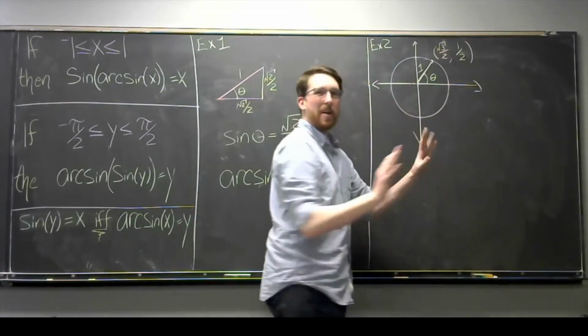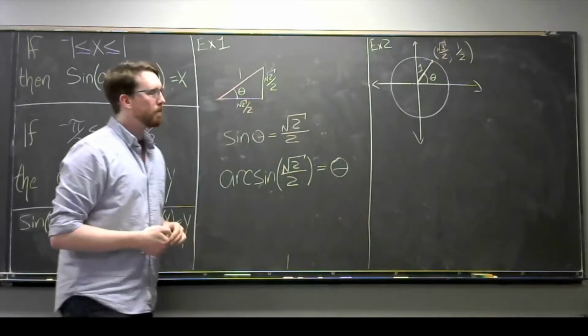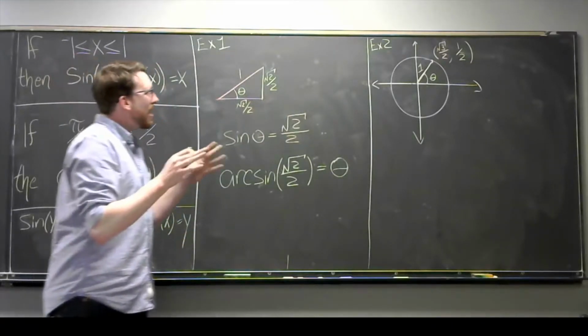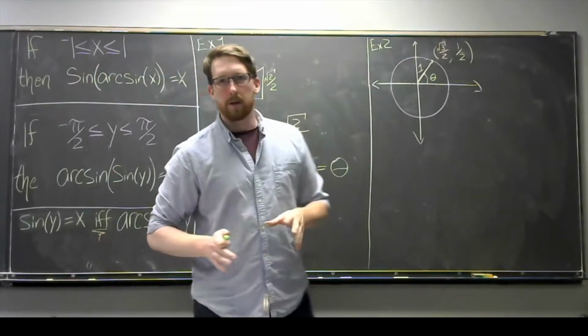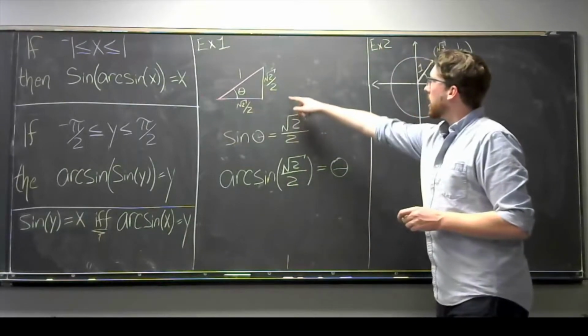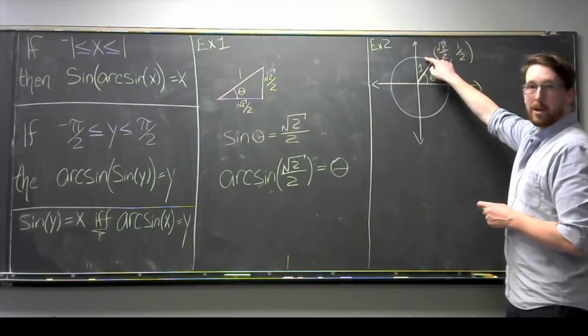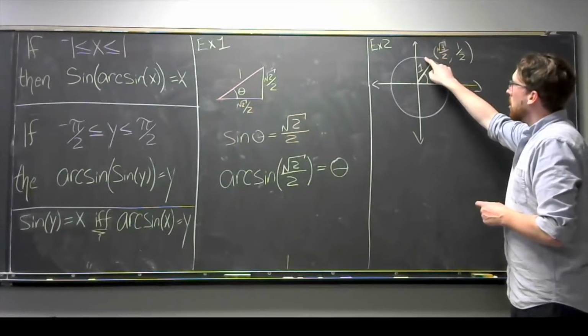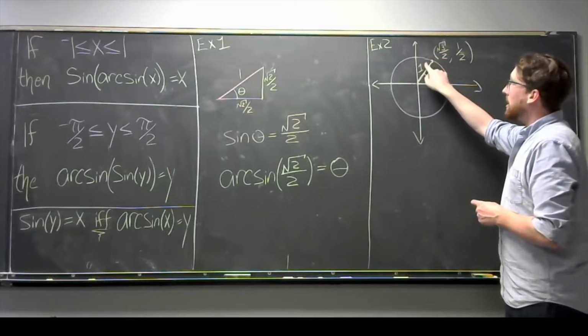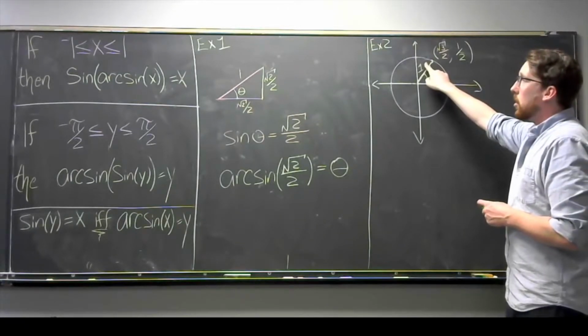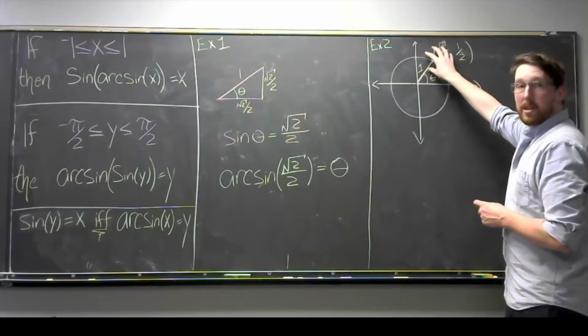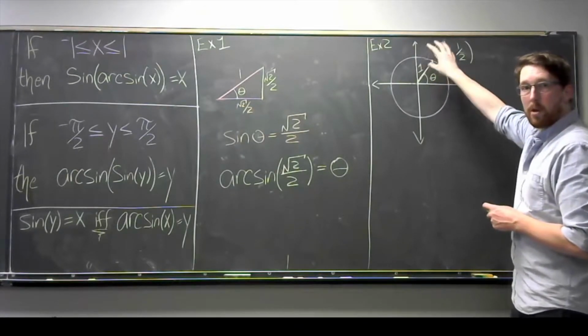So let's use that to kind of guide our thinking, right? If that's the case, we're looking at the point square root of 2 over 2. That's going to be somewhere up here, right? Well, that means on the right side, we have to just pick this one, right? You only pick the top right corner.